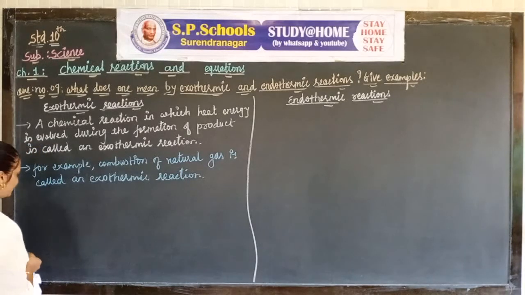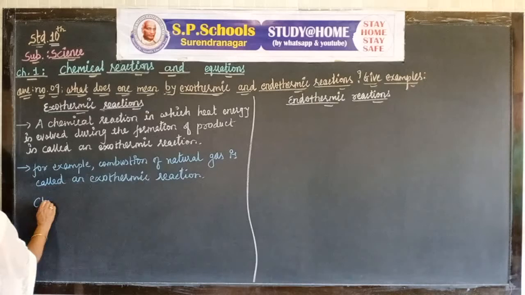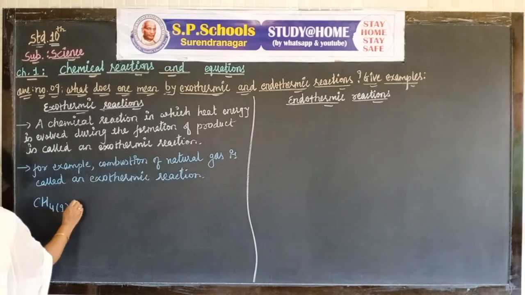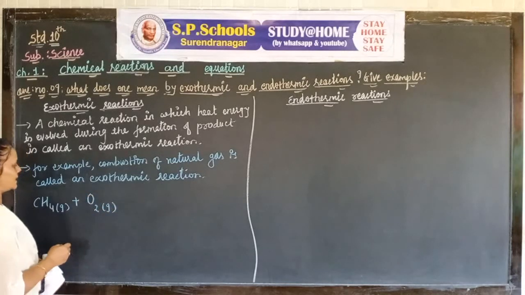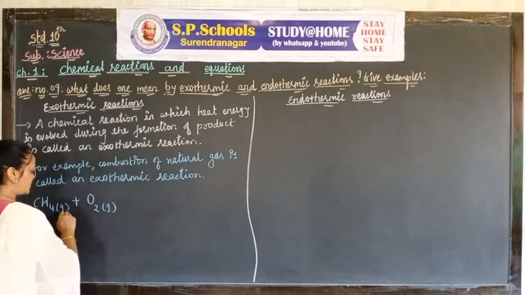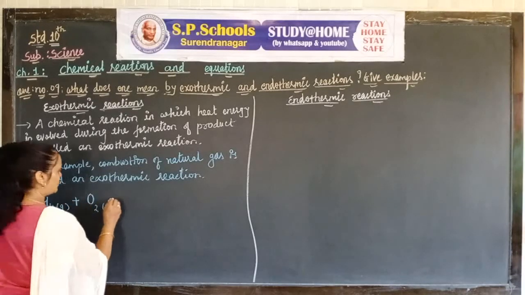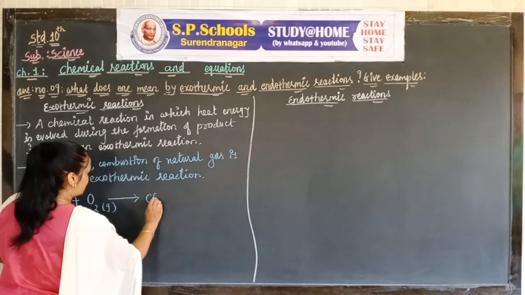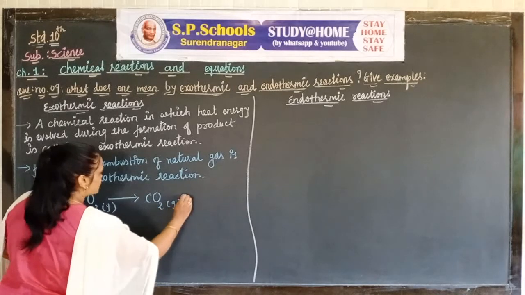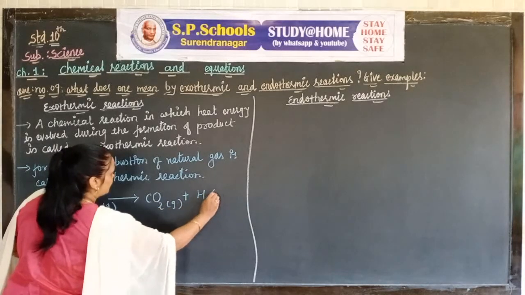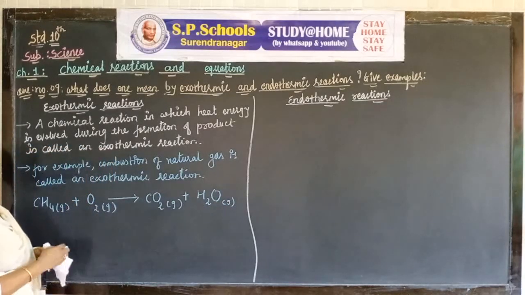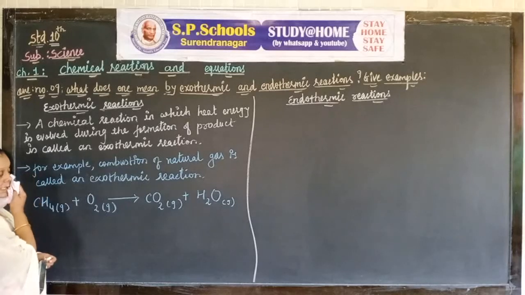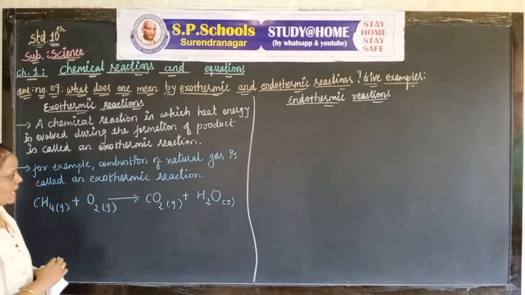Give the reaction for this. CH4 means methane, present with air, so we write O2 oxygen, which gives CO2 carbon dioxide plus H2O water. We also write small g, because here water vapor can form, so we write small g instead of small l.